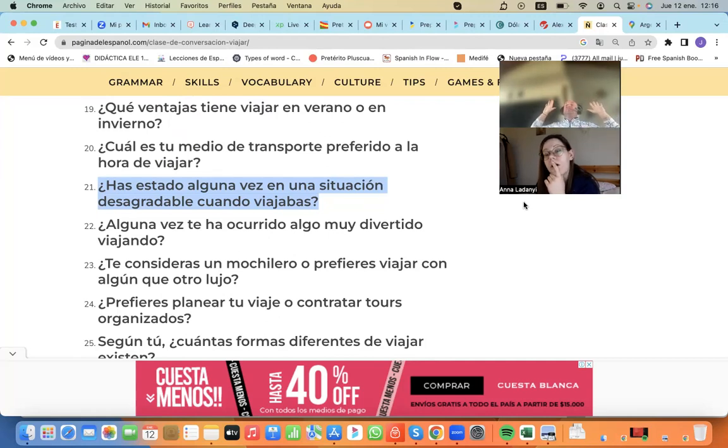I was seated here, and this guy had the 2 feet like this. This guy was annoying me all the traveling because he didn't want me to put back my seat. So for that reason, he was making noises all the time, trying to annoy me all the time.